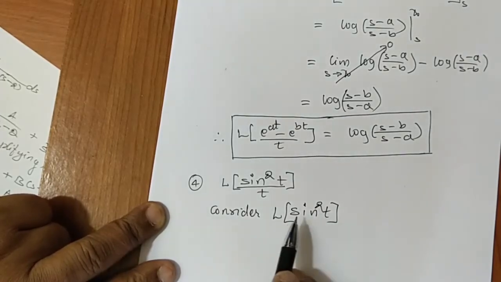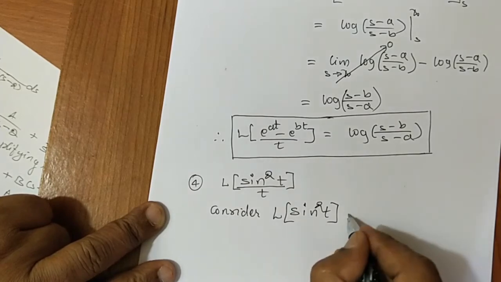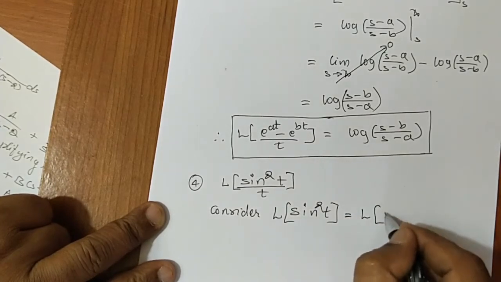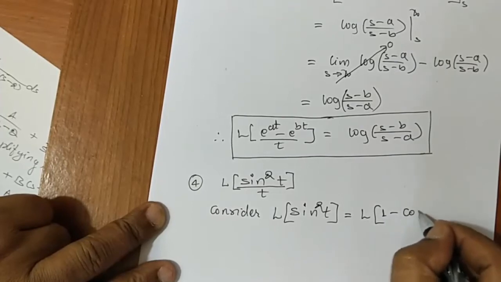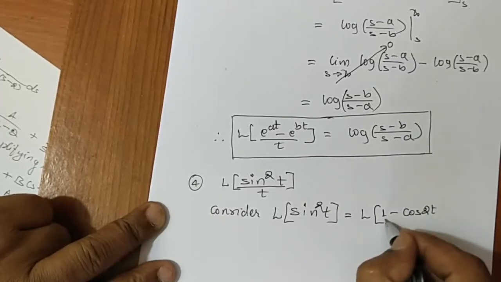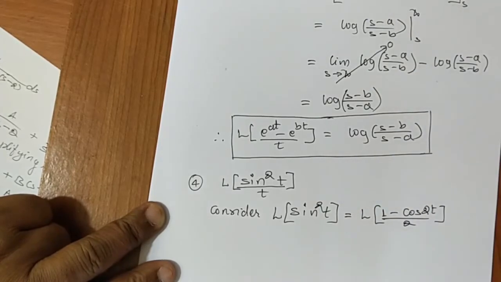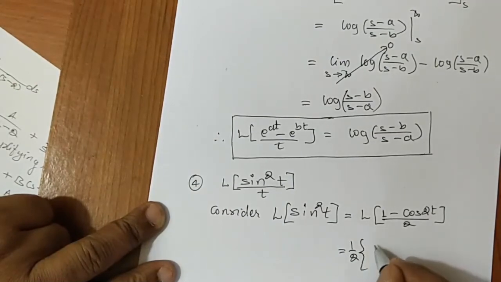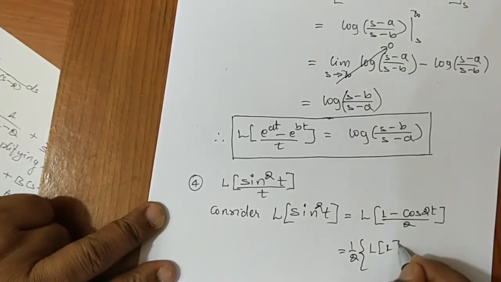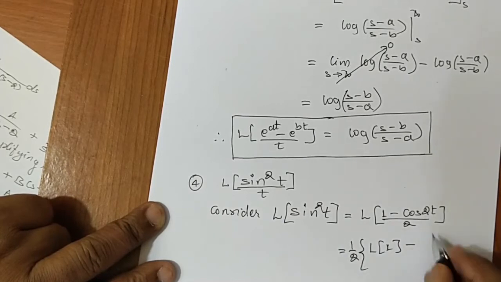See, I do not have a formula for sine squared t. So this I write as what? L of (1 minus cos 2t) by 2. Sine squared t is (1 minus cos 2t) by 2. So this will be half of L of 1 minus L of cos 2t.